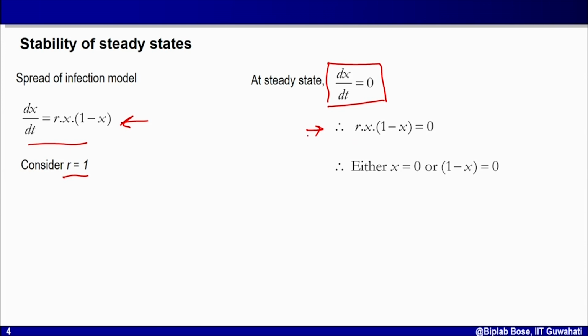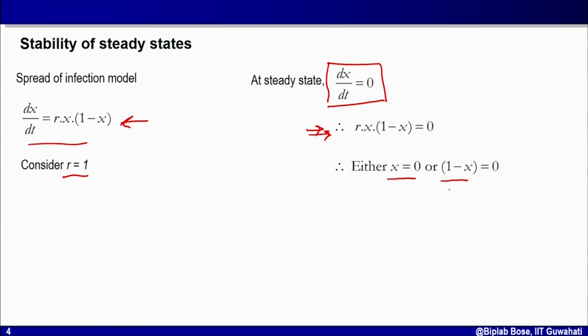That means using this equation, r x (1 minus x) equal to 0 is true if and only if x is equal to 0 or 1 minus x equal to 0. So both of them are possible, either or.